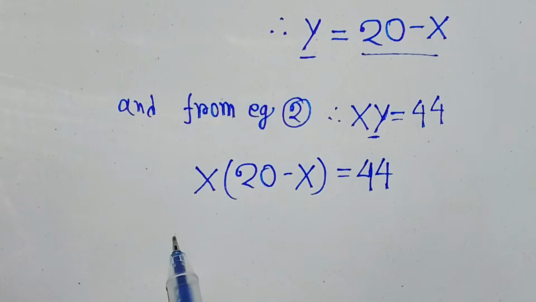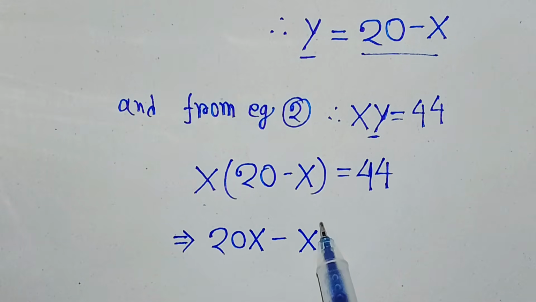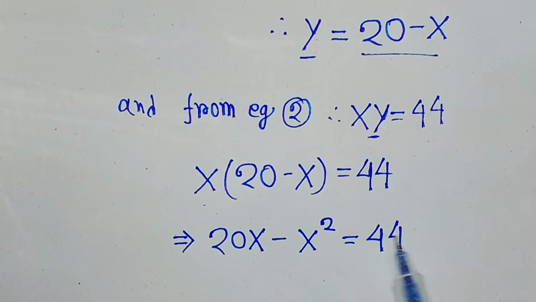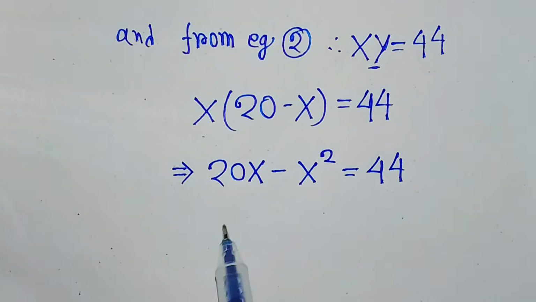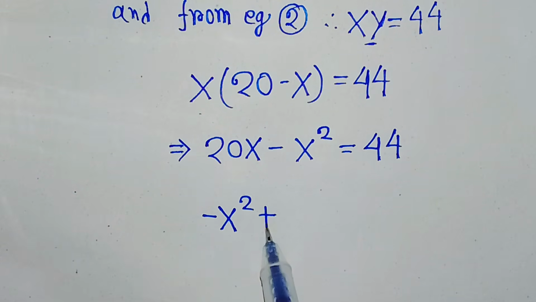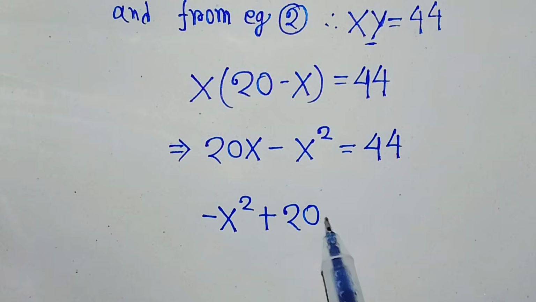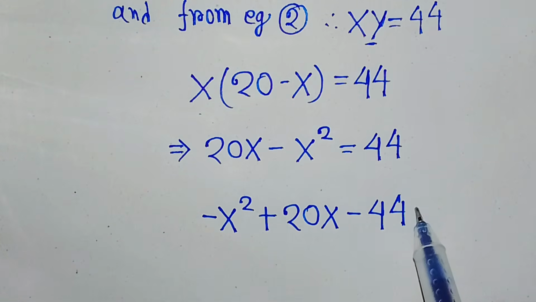So here we can easily multiply: x times 20 will be 20x, minus x times x will be x square, equal to 44. If we write this in order, it will be minus x square plus 20x minus 44 is equal to 0.